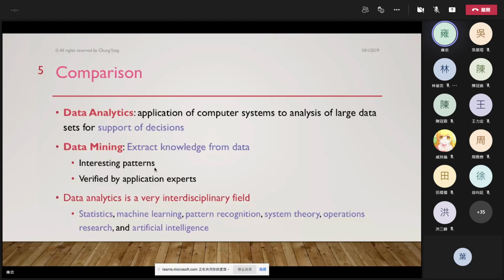So when I say data analytics and data mining might come from the opposite direction, it is that for data analytics, we usually have a specific goal, but we need to accumulate enough evidence to support the decision to be made. However, for data mining, usually we don't have a specific goal in mind.